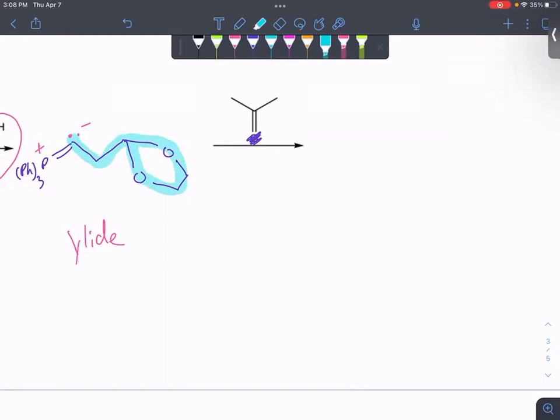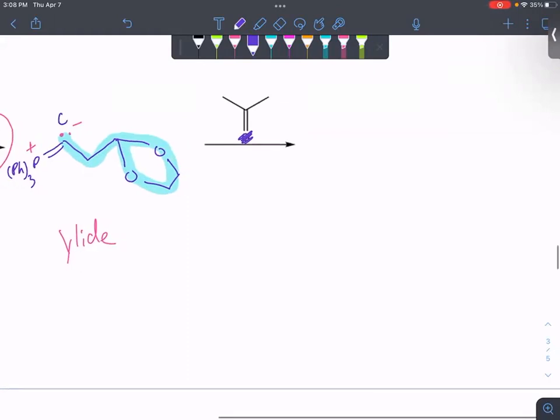And then I will literally just take that and transplant it where the oxygen used to be. So this carbon right here is going to replace the oxygen, and then you get the two R groups mashed together. So in your final product, you have the two methyls from the ketone, and then you have the R group from your ylide. And you're just cutting and pasting, so it looks like that.